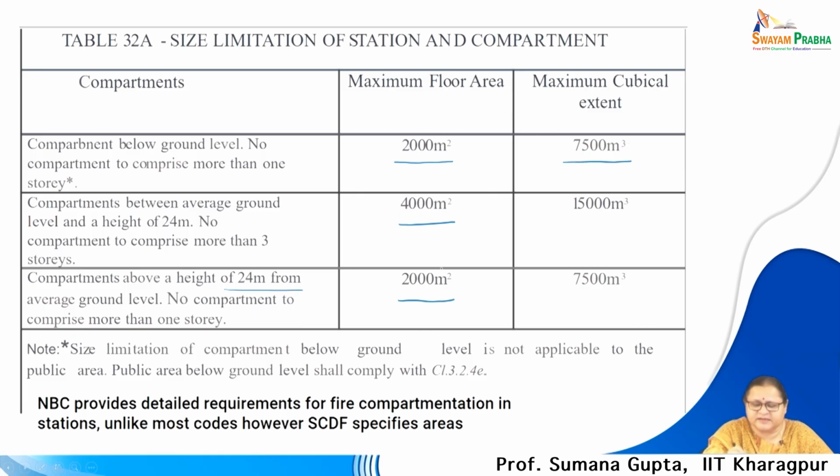These are some compartment sizes which are mandated in the NBC. They provide the detailed requirement for fire compartmentation in stations, unlike most codes, and the SCDF, that is another country's code, specifies the exact areas also.